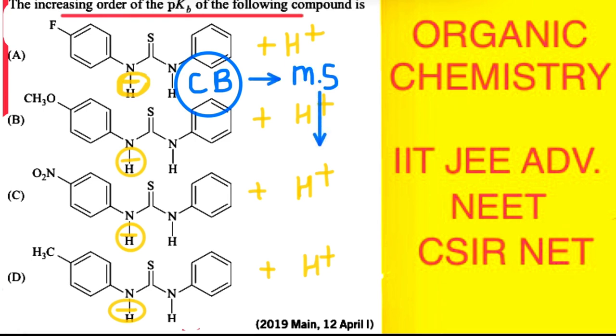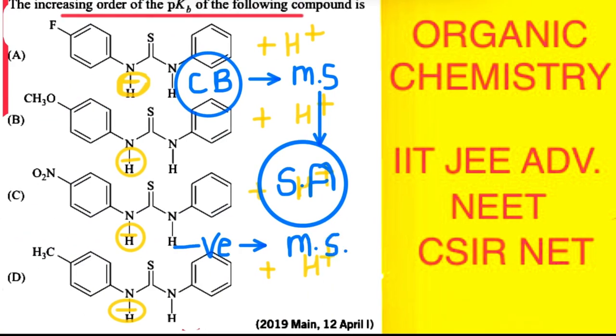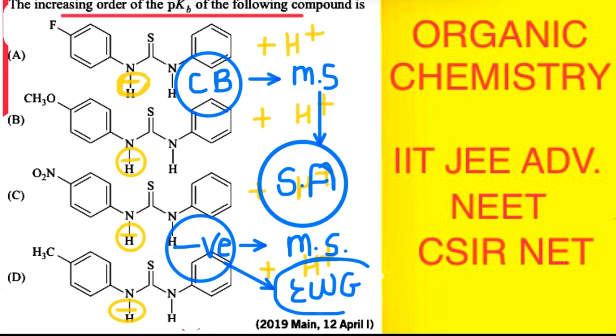If the conjugate base is most stable, that means it is a strong acid. Which negative ion is most stable? Negative charge is most stabilized by electron withdrawing groups. The powerful electron withdrawing group can stabilize negative charge.